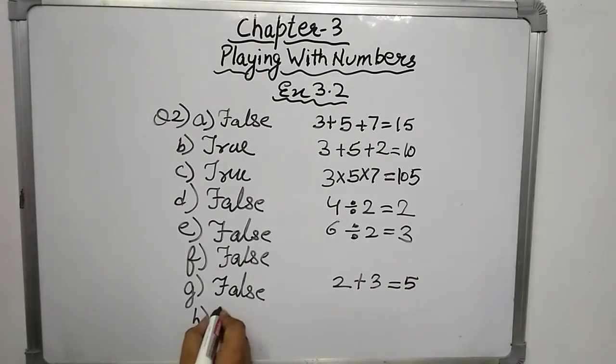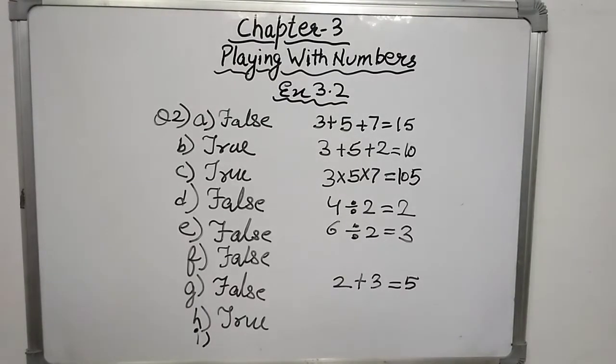This is true. Next is all even numbers are composite numbers. No, we cannot say that, because 2 is an even number but it is a prime number. It is not a composite number. So this is false.